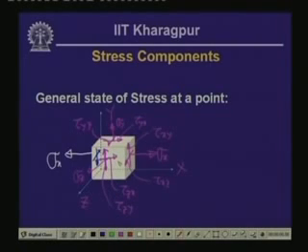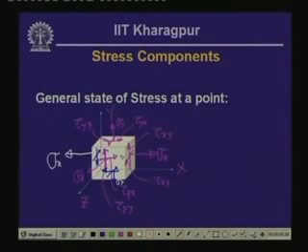Likewise, on the y plane, we will have the stress acting perpendicular to it, which is sigma y. The y plane in the x direction will have the shearing stress, but in the opposite direction of x, this being the other end. On this y plane in the z direction, we will have the stress tau y z. So, this is tau y x and this is tau y z.